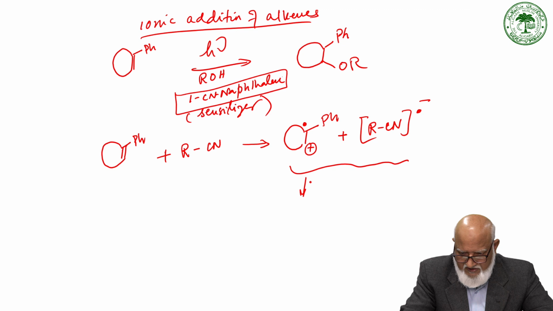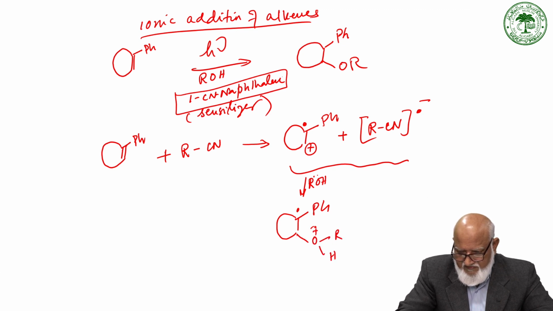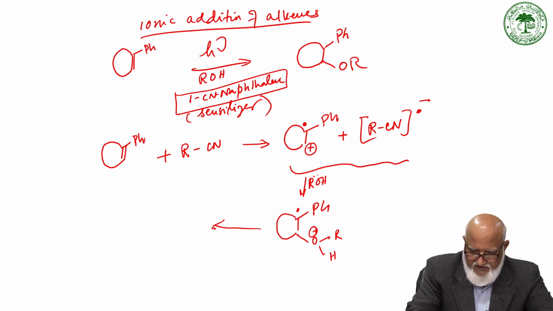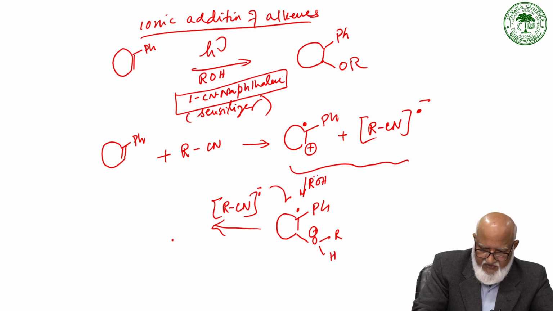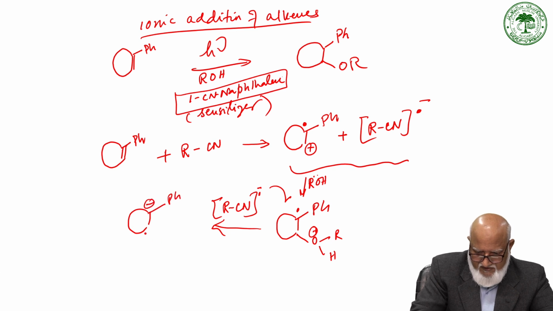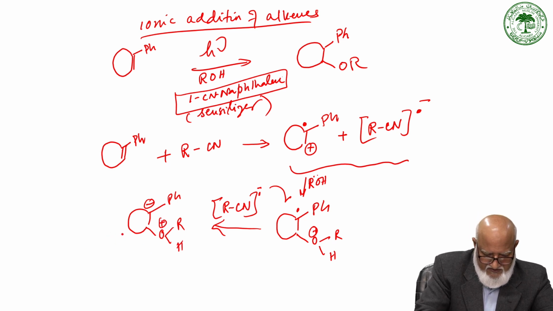This, in the presence of alcohol, adds through the lone pair of oxygen to this positive charge, giving rise to an OR H with a positive charge, and then this further transfers an electron from the cyanonaphthalene radical anion, leads to an anion, with RH and a positive charge, and then this can undergo proton shift to give the added product.